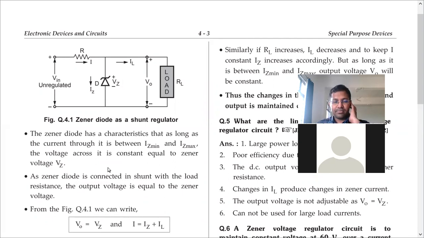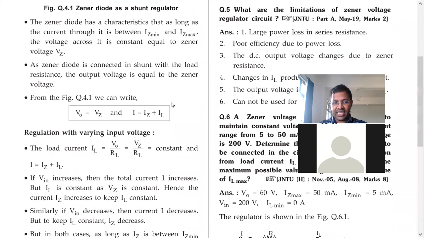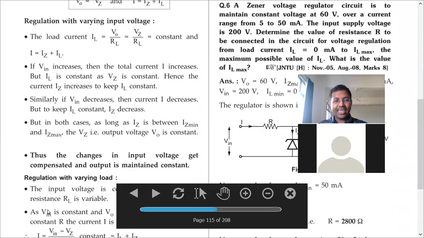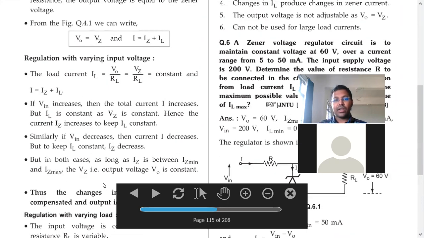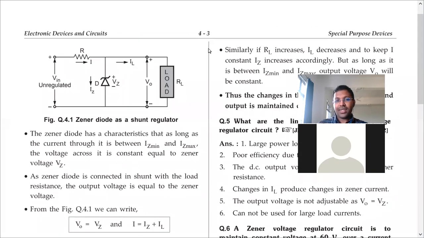It is not acceptable, isn't it? So that is analogous to the second case, which is regulation with varying load. Irrespective of what you are connecting at the output, still you want the output voltage to be constant.